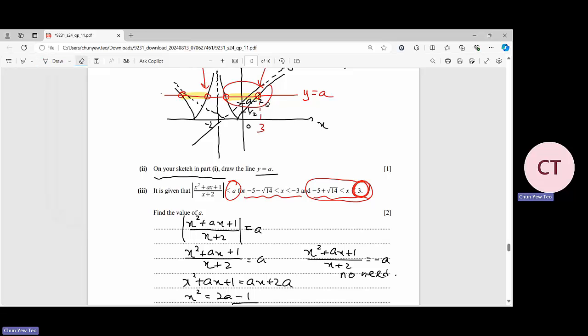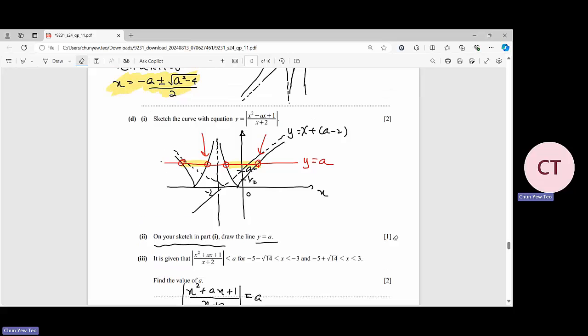So from here, there's no need for us to make things so troublesome. We do not need this anymore. I just erase the unnecessary things so that we will not have such a complicated graph over here.